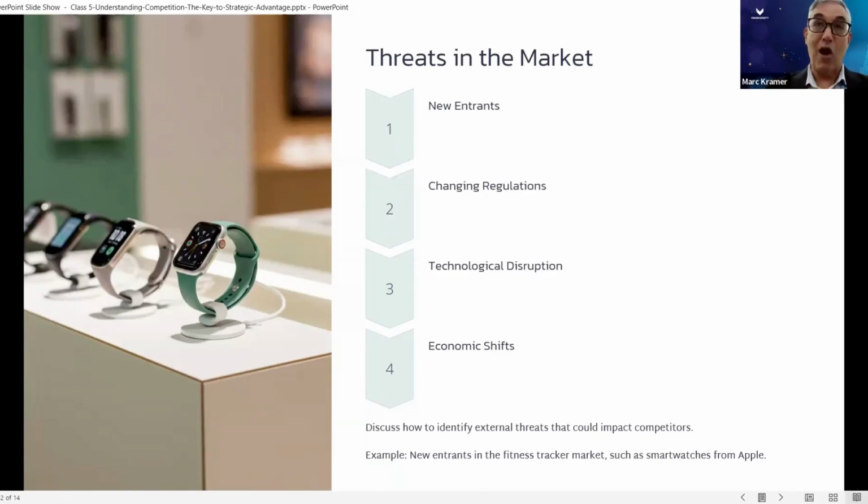And of course, there are economic shifts as well. About 10 years ago, there was a financial crisis in 2008, and that sent everything into a tailspin, and many companies went out of business because people were going bankrupt around the world because of the drop in the stock market.